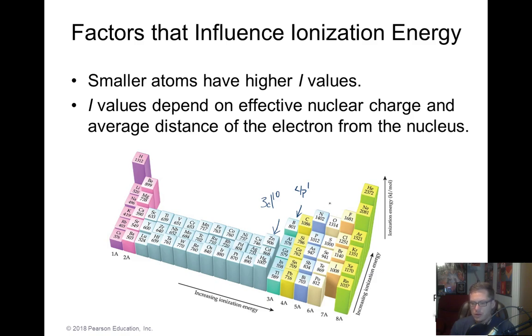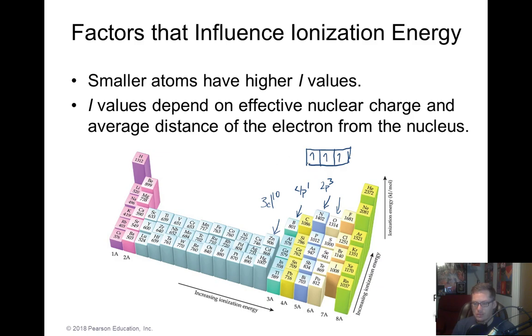Another one you should be aware of is the difference between nitrogen's column here and oxygen's column here. Okay, so if we look at nitrogen, nitrogen is 2p3. Okay, so if we were going to draw out nitrogen's orbital box diagram, it would look something like this, right?